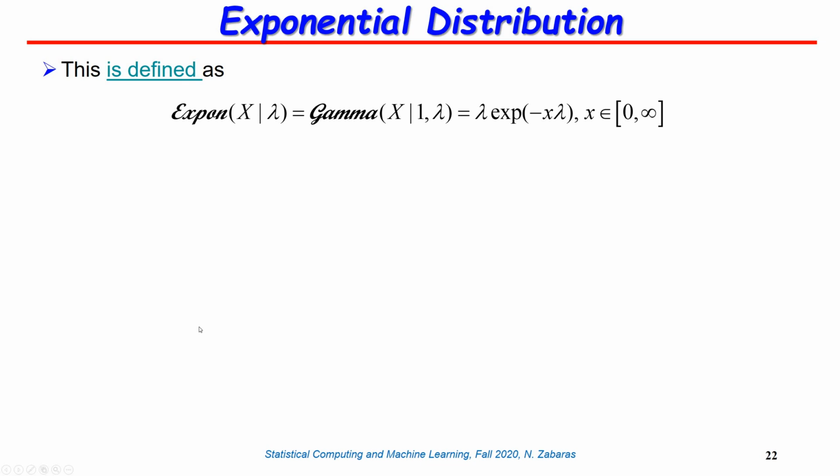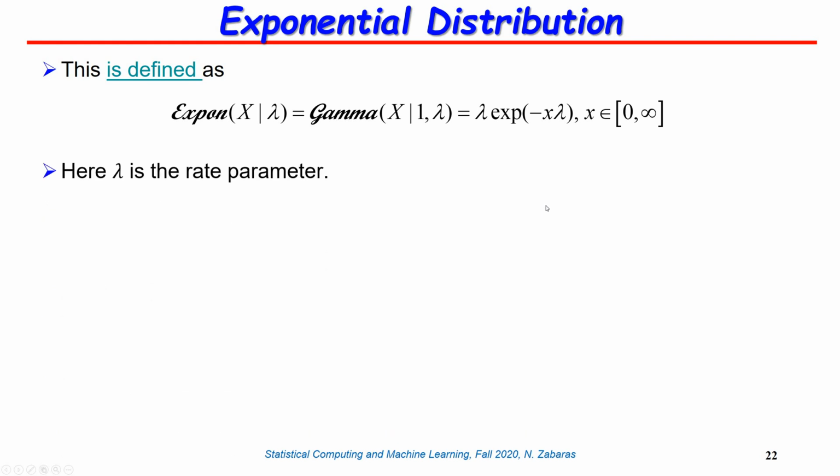Just a few words about the exponential distribution. It has this nice form. It's defined from 0 to infinity. It models effectively the times between events that follow a Poisson process. And for those who maybe remember from their probability course, the Poisson process models events that happen continuously at a constant rate lambda.